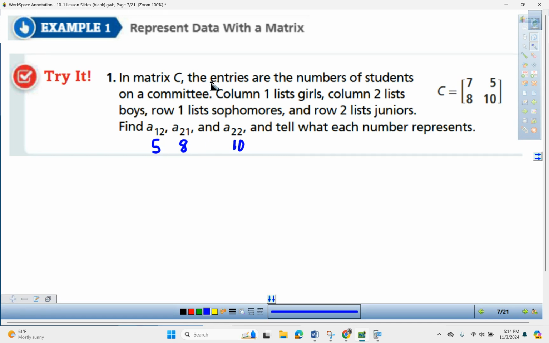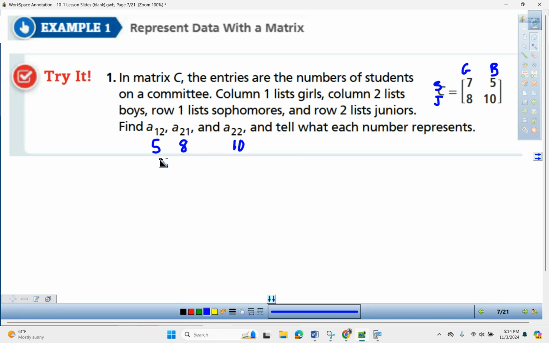Well, okay, it said the first row, okay, this is the girls, and this is the boys, and this is the sophomores, and this is the juniors. It probably would have been best to label that first, make it a little easier.